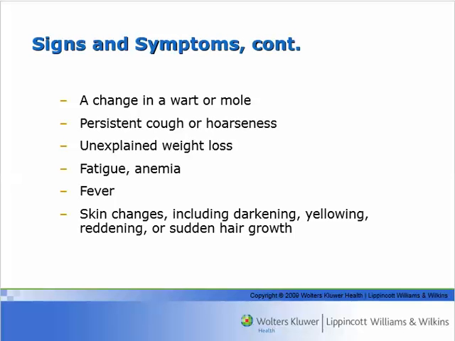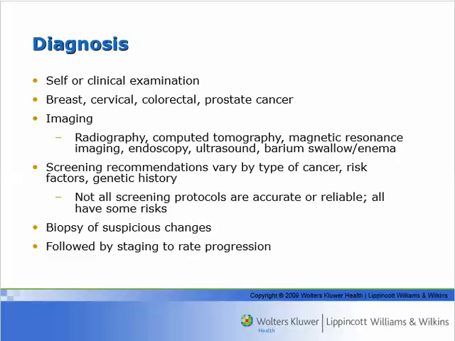So the trick is, if you can't prevent it, then to catch it early, before it's metastasized, before it's become a secondary. So what do we do to prevent primary things?